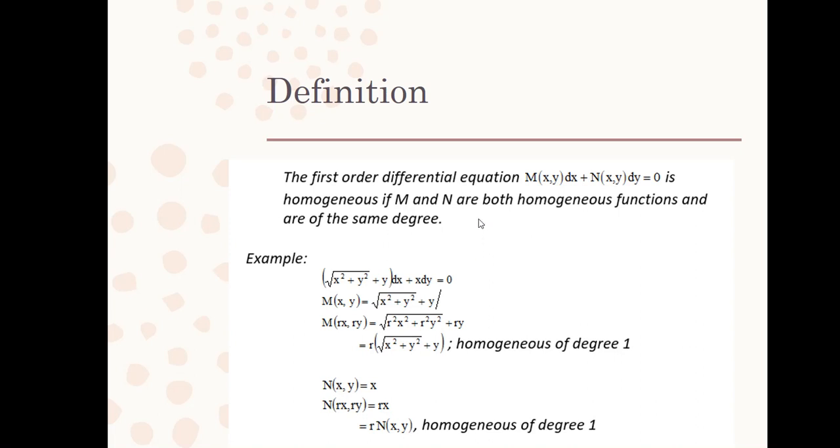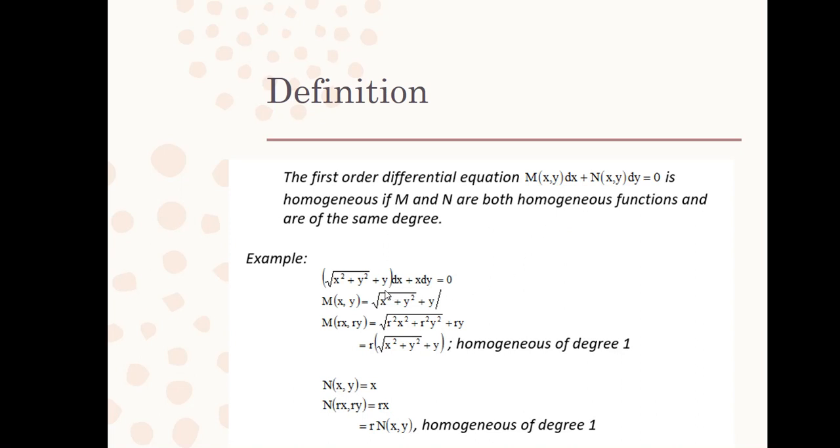So number 1, M and N are to be homogeneous, and second condition is M and N should have the same degree. Now, let's look at the example here so that we will understand better this particular concept of homogeneity for a given differential equation.